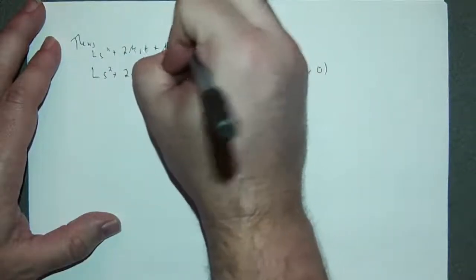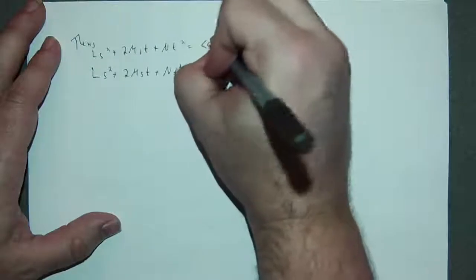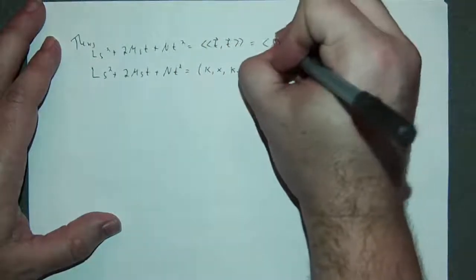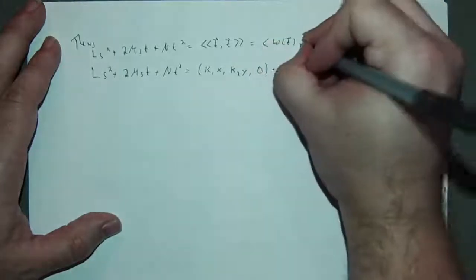So I'll write it again here. L S squared plus 2M ST plus N T squared. This was t paired with itself, which is the first fundamental form of the Weingarten map of t paired with t.